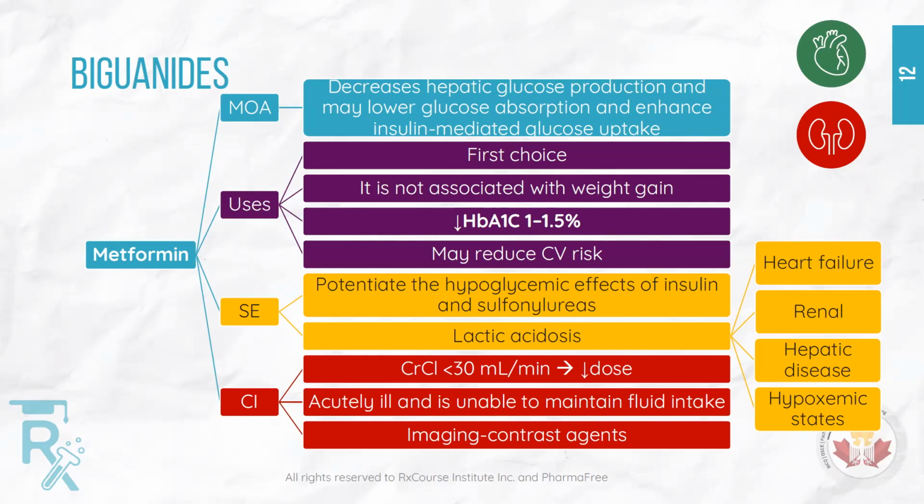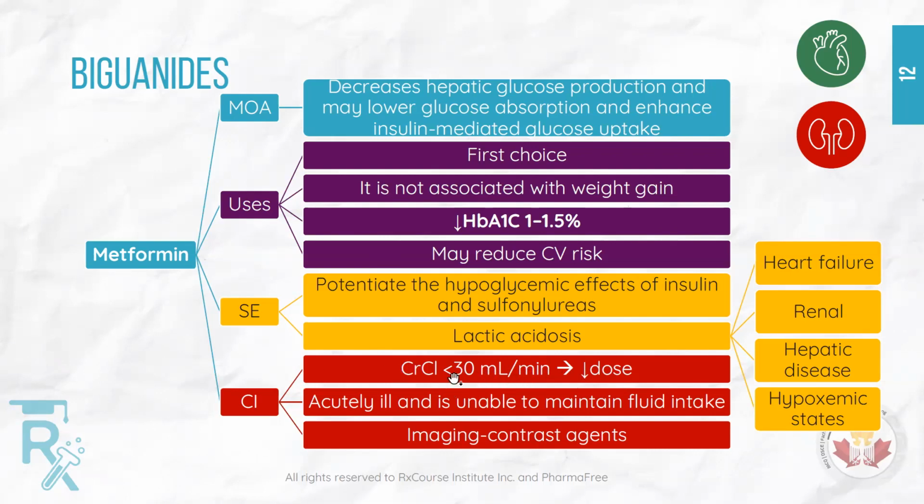Okay, so contraindicated if creatinine clearance is... this is not accurate. Metformin is contraindicated if creatinine clearance is less than 30 ml per minute, but we decrease the dose if creatinine clearance is less than 60 ml per minute.